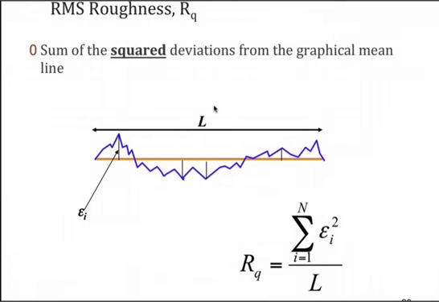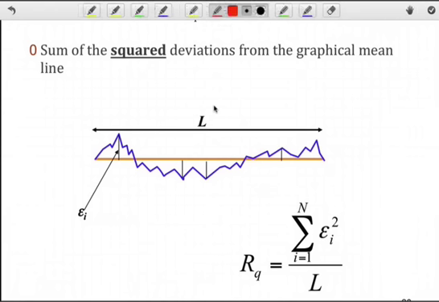Another one that is popular is RQ, which looks at the variance. So it's one thing to talk about an average. As you know, the variance can be significant, and so it's nice to have both pieces of information when you're looking at these irregularities. In order to get a measure of variance, what we'll do is square those deviations instead of taking the absolute value.